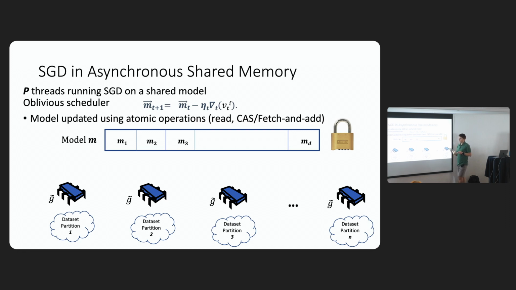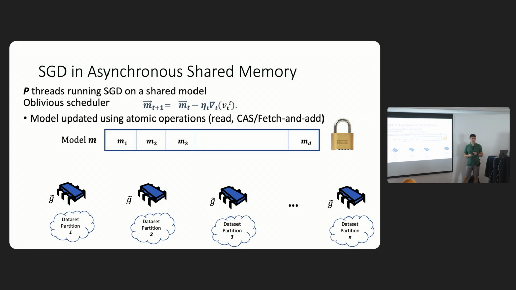Then they compute their gradient locally based on this view, and then the model is updated using atomic operations. We can assume that these happen via fetch and add on the corresponding location. So the node has generated a specific entry in the gradient, and then performs fetch and add onto this entry in order to update it, and does this for all of the other ones. Okay?